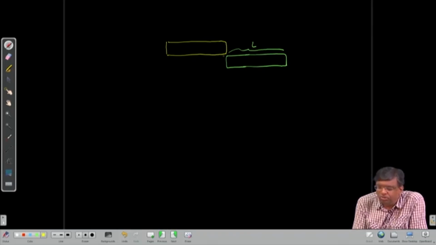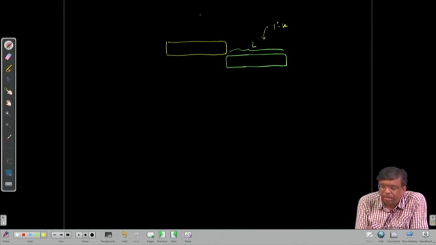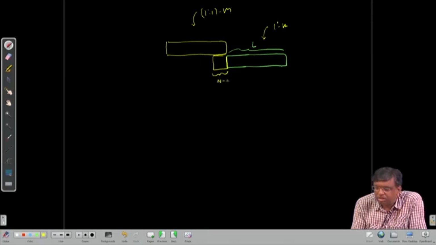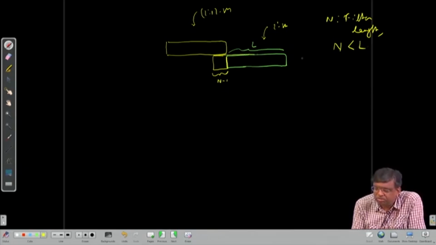What we do, we make an extended block of this. So, if it is ith block, if it is I minus 1th, ith block, we start with an extra part here, length n minus 1, n filter length. All these were discussed earlier, n is less than L. So, this is my extended block.